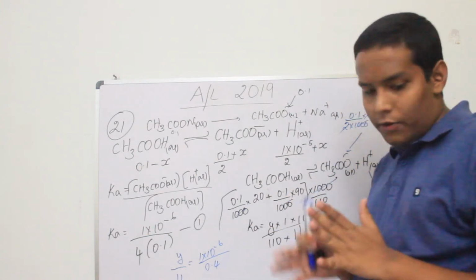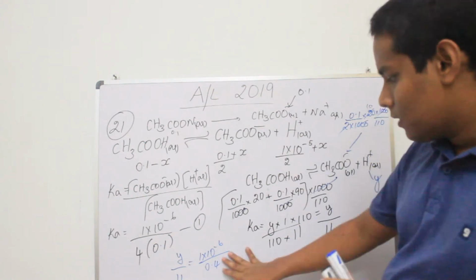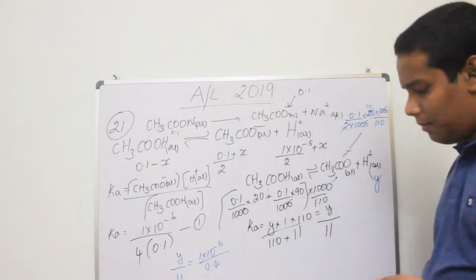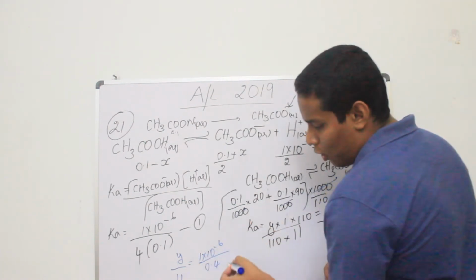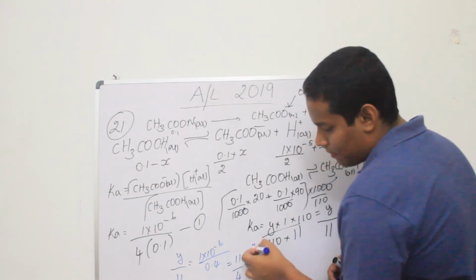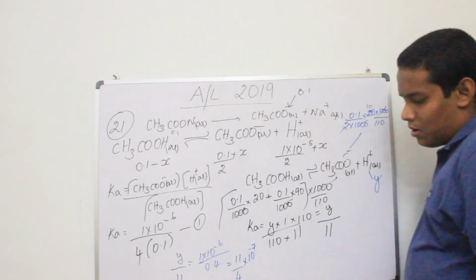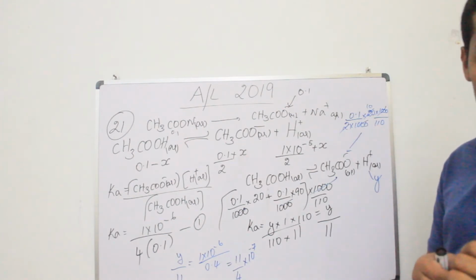Look, I am going to try to take a very close answer. So this one will be 11 over 4 into 10 to the power minus 7. So roughly 2 into 10 to the power minus 7, again roughly 6.